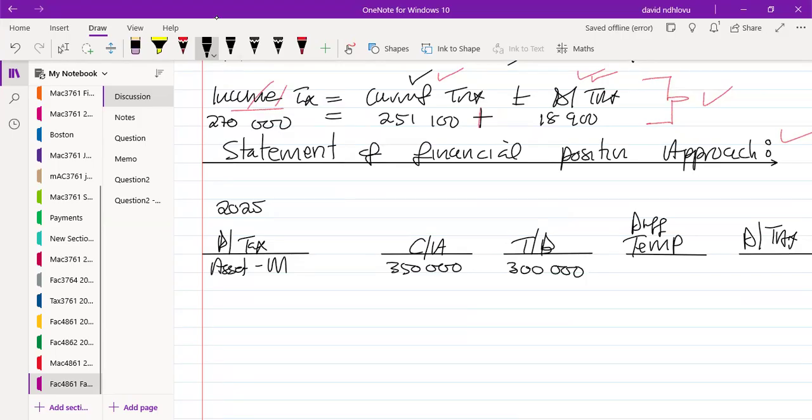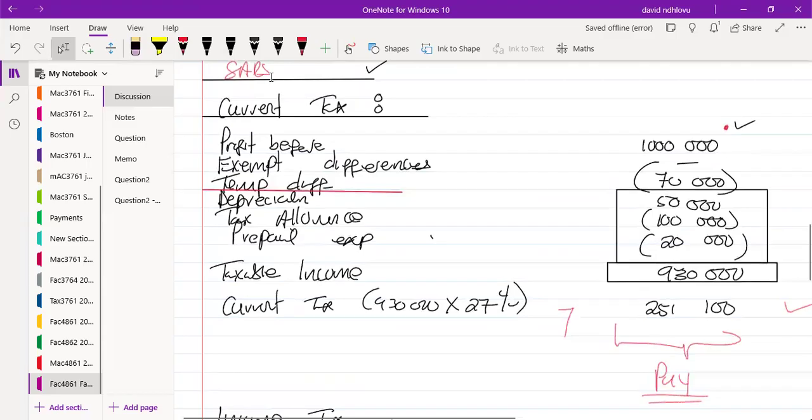So it is the cost of an asset less the tax allowance. And then we have a difference of 50,000. This is the movement that we got. In the P&L, we had 50,000 in depreciation and a tax allowance of 100,000. The difference between the two gives you 50,000.